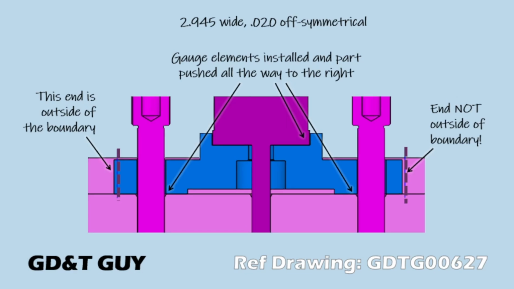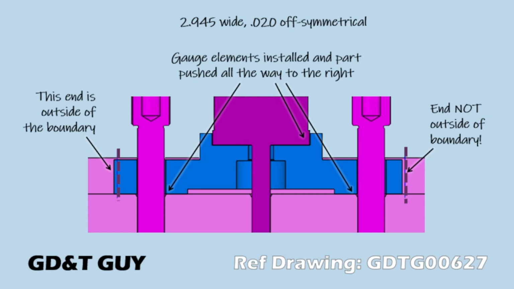So for this one, with all the gauge elements installed, the leftmost end would be outside of the boundary. But even if we push the part all the way to the right, as far as we can on those gauge elements, we can't get the right side end to break out past that boundary. So this has to be a fail. And it's a fail for exactly the right reason.